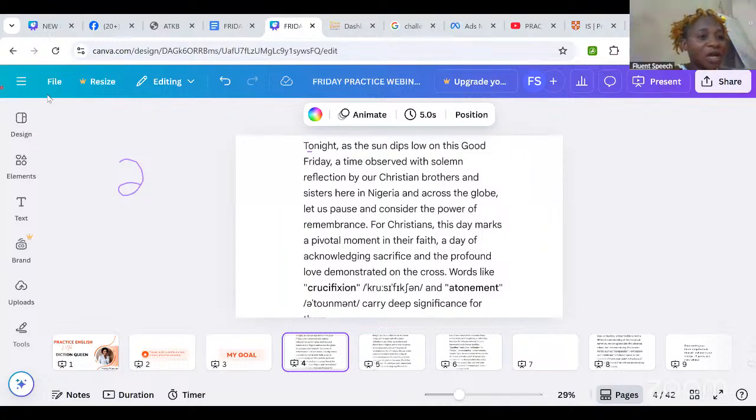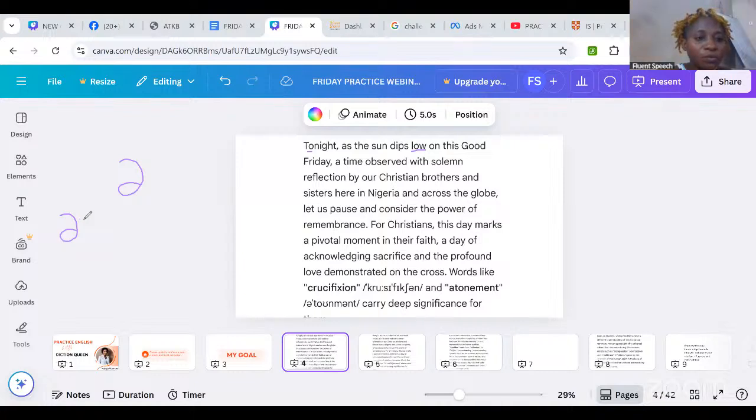As a sun dips low. Pay attention to LOW. LOW has a diphthong. In English, there are different types of vowels. We have monophthongs, diphthongs, and triphthongs. Diphthongs are vowel sounds that are written in two, and you need to move slowly from the first sound to the second sound. The O sound is written like this.